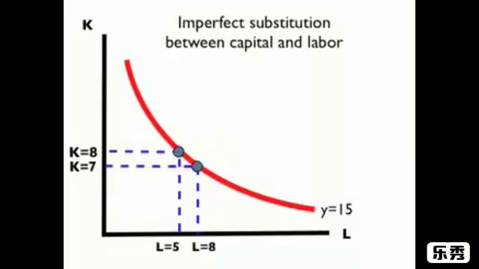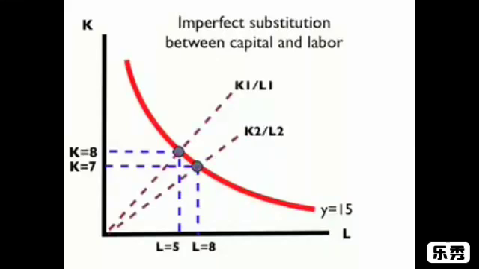This means that different combinations of capital and labor, different proportions, can be used to produce this same level of output. These different combinations are also associated with different capital-labor ratios. 8 units of capital compared to 5 units of labor is a higher capital-labor ratio than for the other combination.